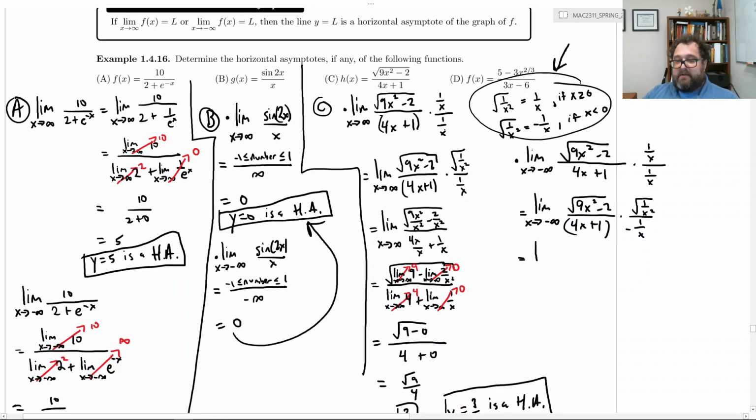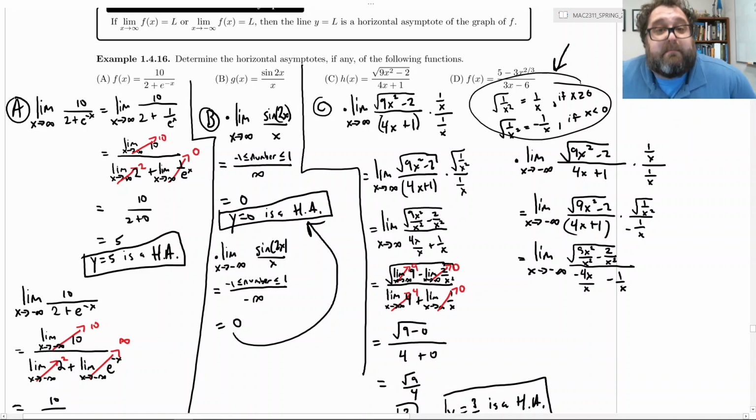So we get the limit as x goes to negative infinity. Now on the top, I get radical 9x squared over x squared minus 2 over x squared. On the denominator, I get negative 4x over x, and then I get minus 1 over x, because I'm multiplying by negative 1 over x.